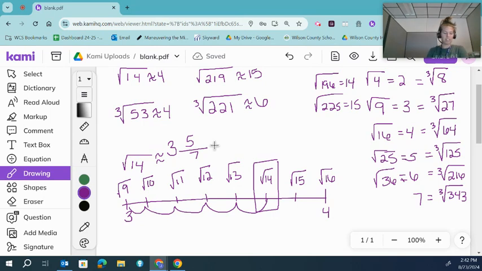And 5/7 is 0.714285 and so on. It repeats, but we are just going to estimate it to the nearest hundredths place first. So we have 3 again as our whole number, and then 7, 1, because that 4 is going to tell that 1 to stay the same. And if we go to the nearest tenth, we're going to have 3.7.